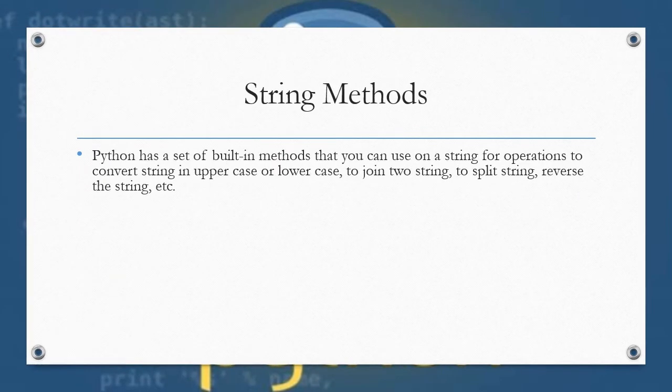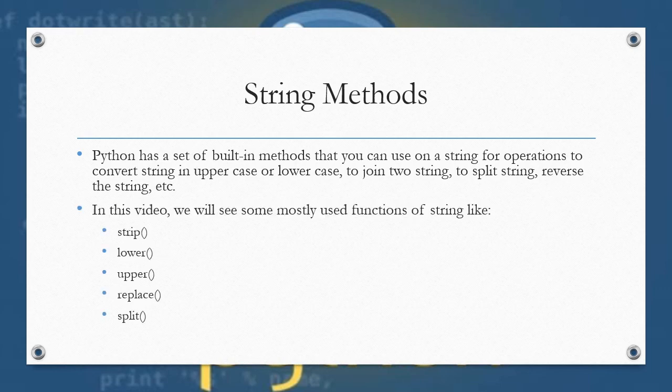Now string methods. Python has a set of built-in methods that you can use on a string for operations like converting strings to uppercase or lowercase, joining two strings, splitting strings, or reversing the string, and many more built-in methods for strings.